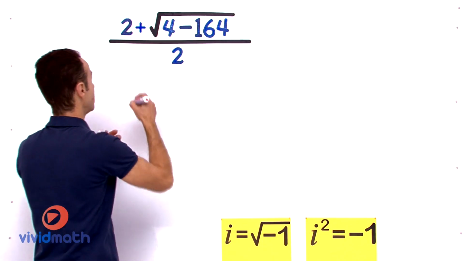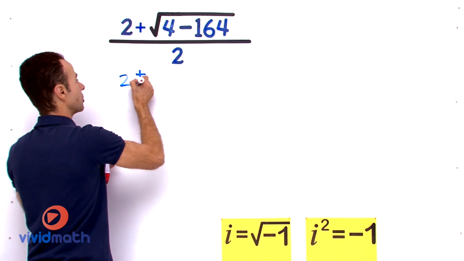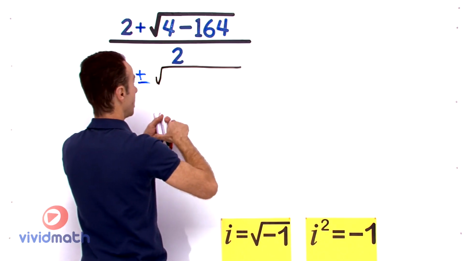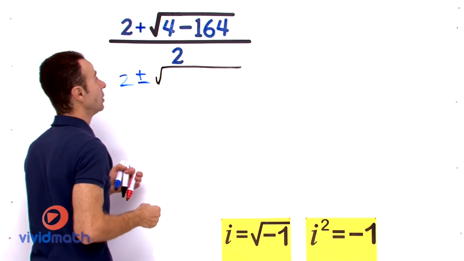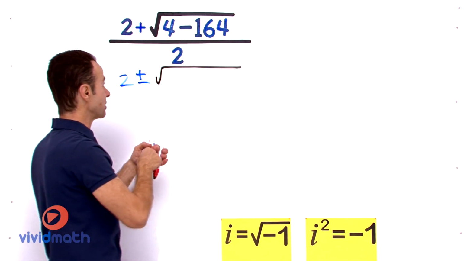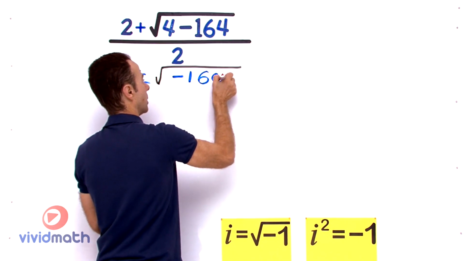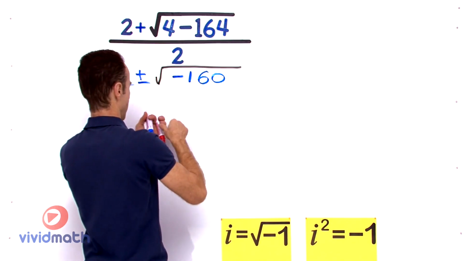So we got here 2 plus or minus the square root of 4 take away 64, that's going to be -160, all over 2.